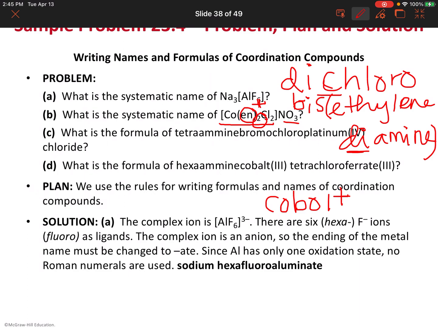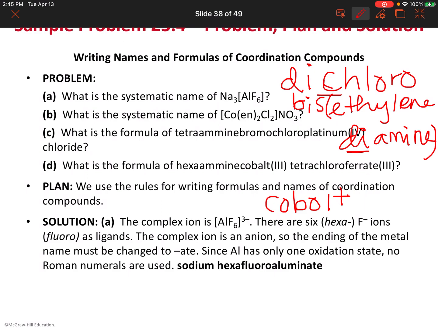So the transition element cobalt, and we figured out what's the complex cation, dichloro bis ethylene diamine cobalt. We now need to figure out what is going to be the oxidation number.